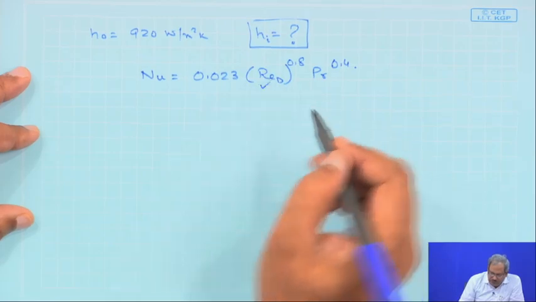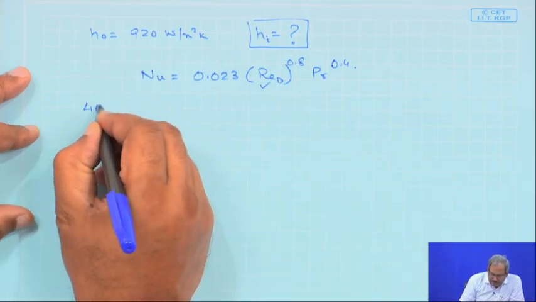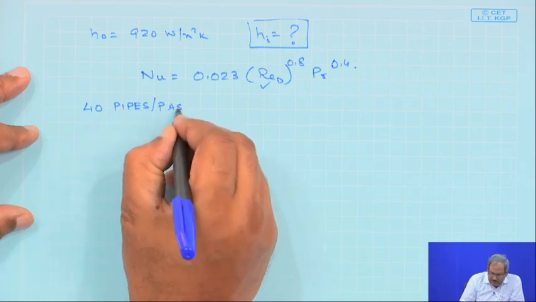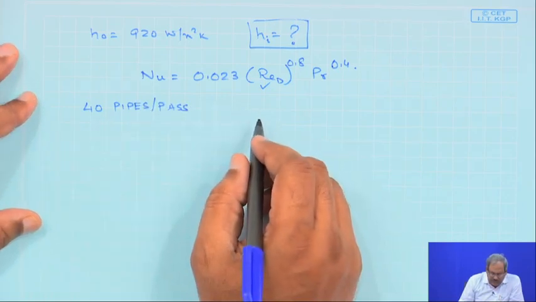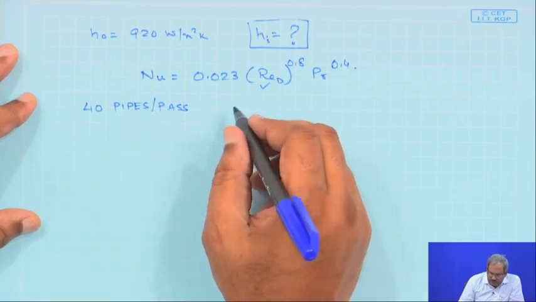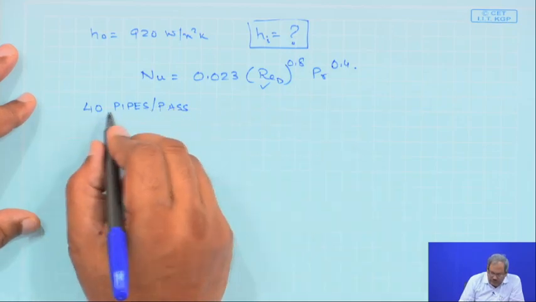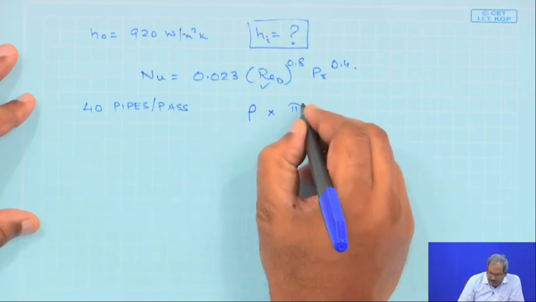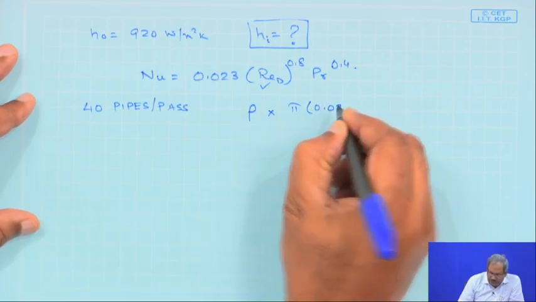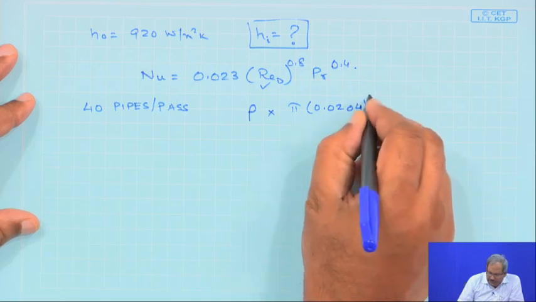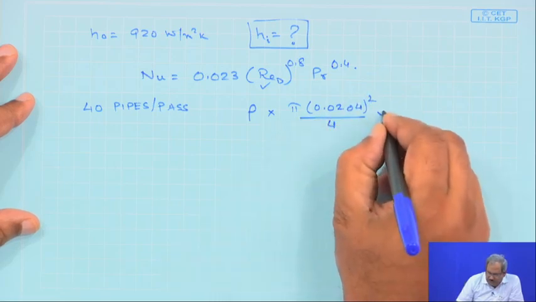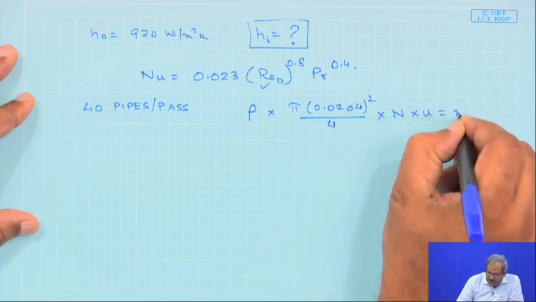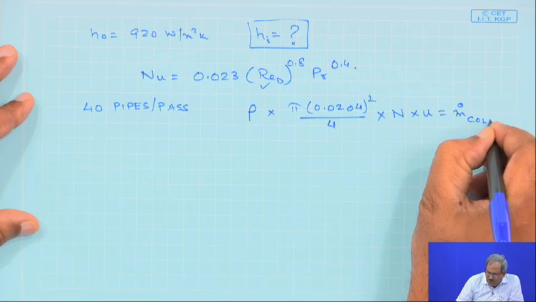So, in order to calculate Reynolds number, I understand that I have 40 pipes per pass. If I try to find out what is the mass flow rate through all these 40 pipes in a pass, it is rho times the cross sectional area of one pipe, so pi d square by 4, multiplied by n number of such pipes, multiplied by u, and this must be equal to m dot of the cold fluid.